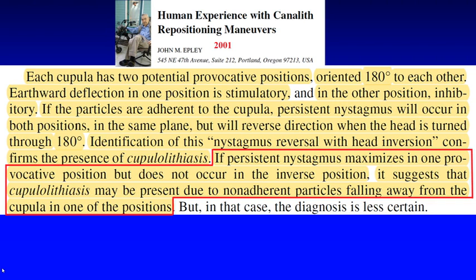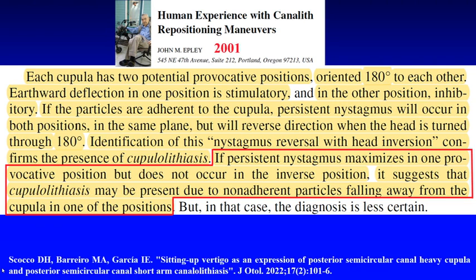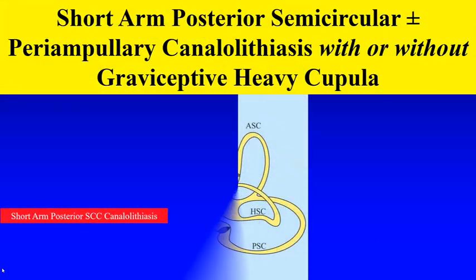Around 20 years later, Scocco published this paper called Sitting Up Vertigo as an Expression of Posterior Semicircular Heavy Cupula and Posterior Semicircular Short Arm Canalolithiasis, and this explained how this happens. So now with this, we have certain new variants of posterior semicircular canal BPPV.